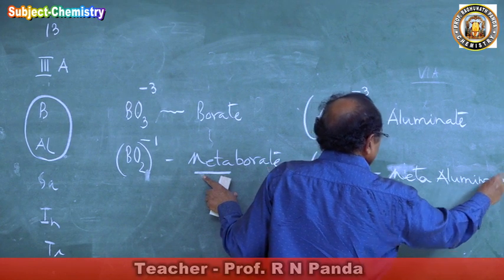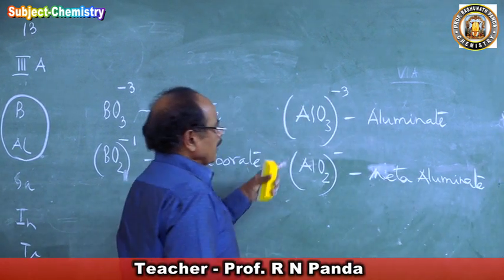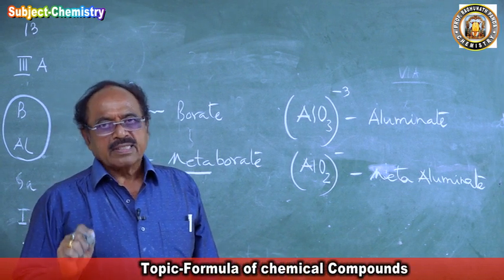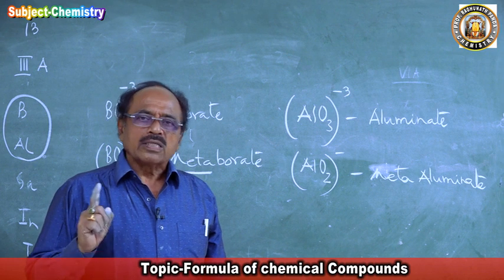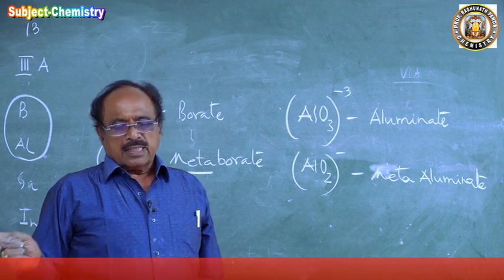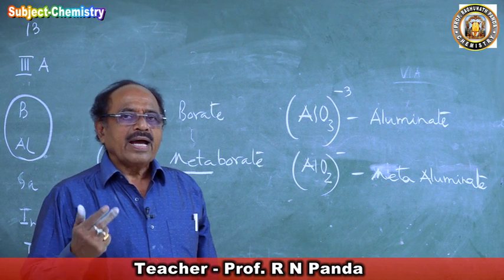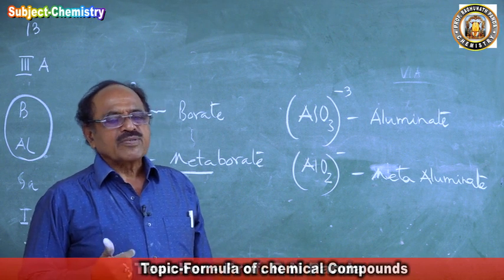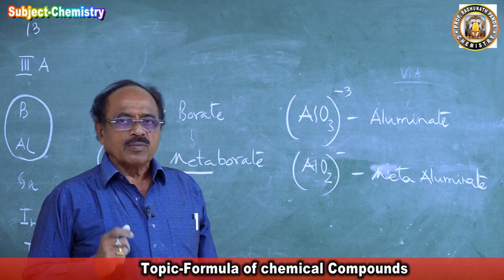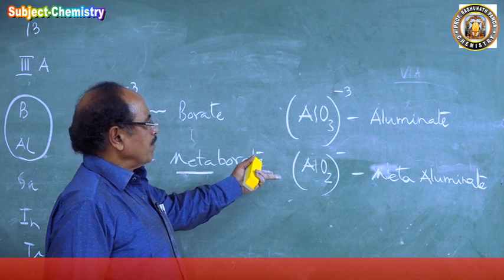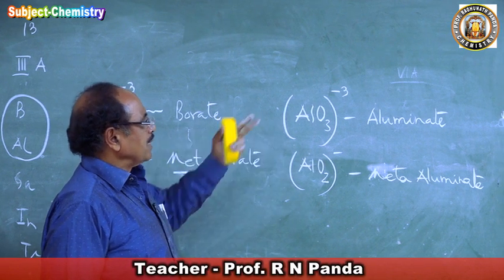Why am I writing this, children? You will have the boron family in your class 11 syllabus, in all the boards, ICSE, CBSE, CHSE. So you have 2 elements in your syllabus, chemistry of boron and chemistry of aluminium. So learn the 2 important radicals, aluminate and meta-aluminate.